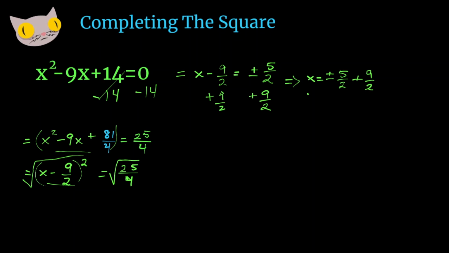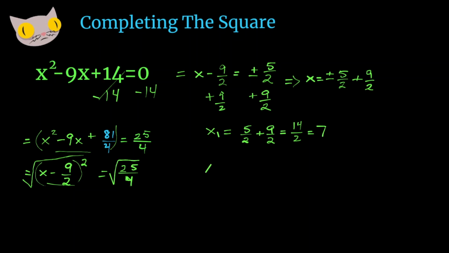So now let's find both of our values for x. We need to consider both the positive and the negative case. So our x1 is going to be positive 5 over 2 plus 9 over 2. And that gives us 14 over 2, or 7.